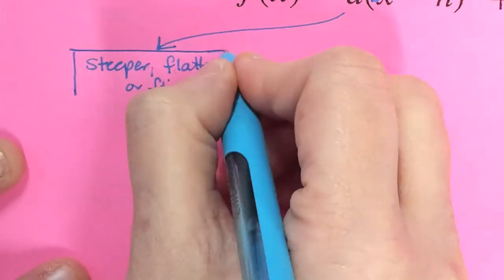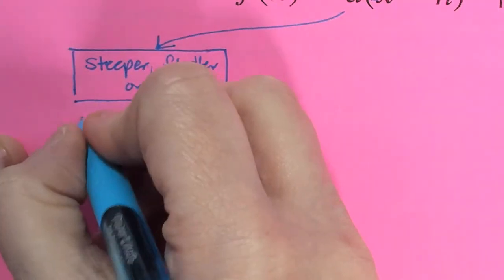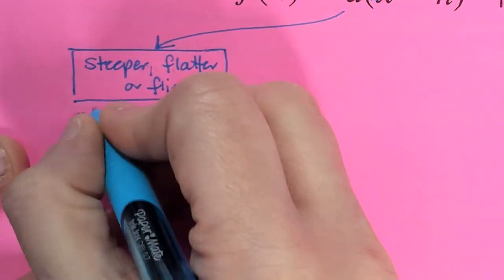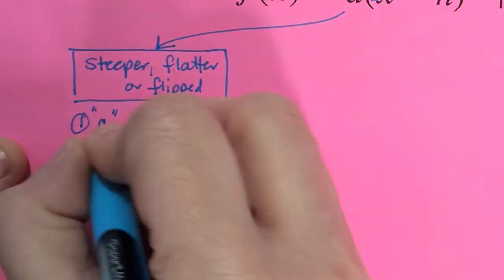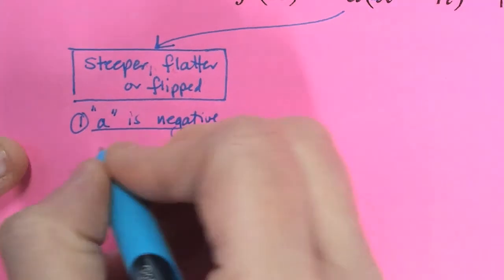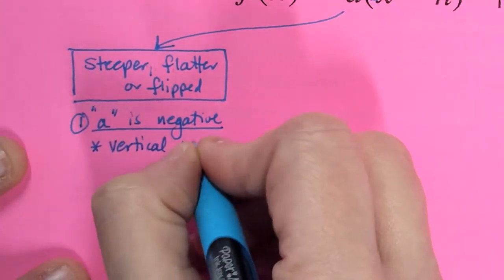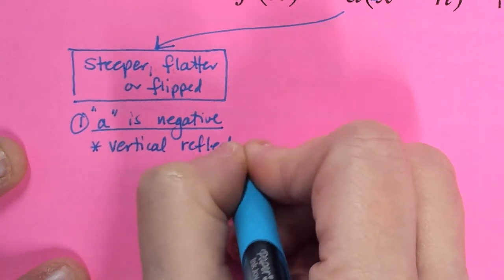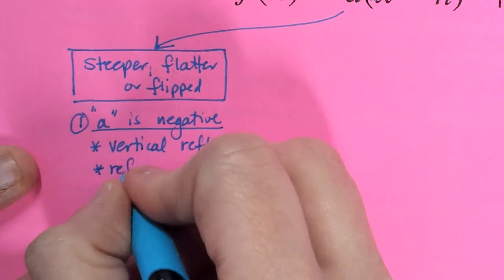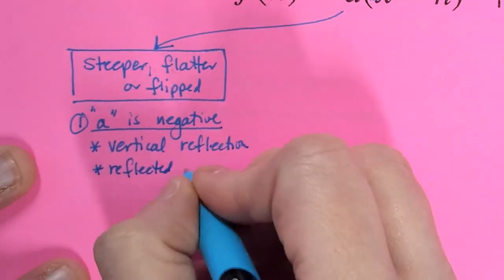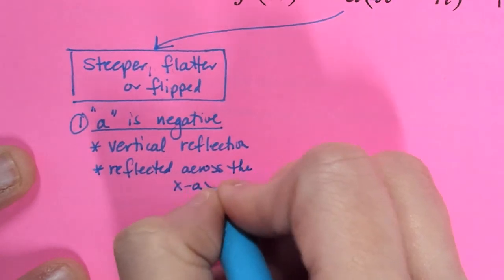So I'm going to put a box around this. Okay? So there's 3 possible changes. The first one, A is negative. If A is negative, you have a vertical reflection, which means that it is reflected across the x-axis.